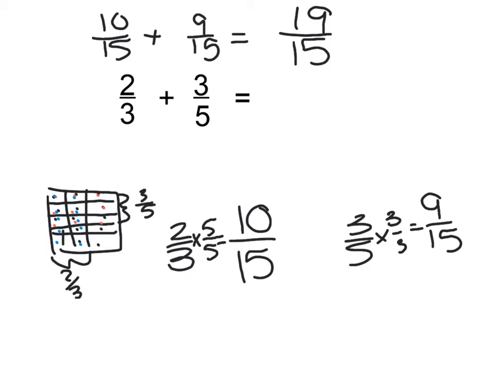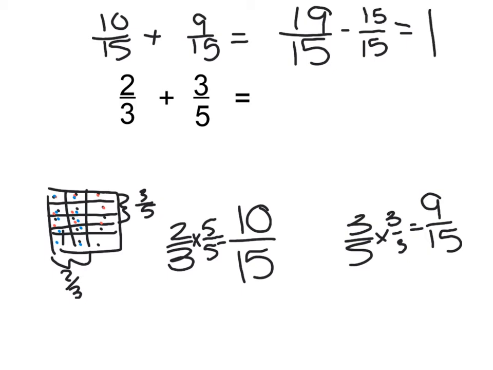Now, most of your teachers are not going to like that you leave 19/15ths because it's an improper fraction. That means the numerator is bigger than the denominator. So we've got to pull a whole number out of that improper fraction. So I know the denominator is going to be 15, and I know that one whole is always a number over itself. So it's 15/15.